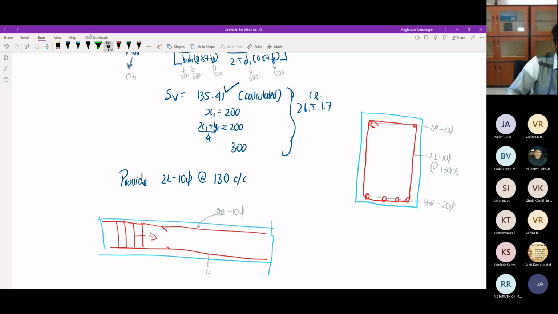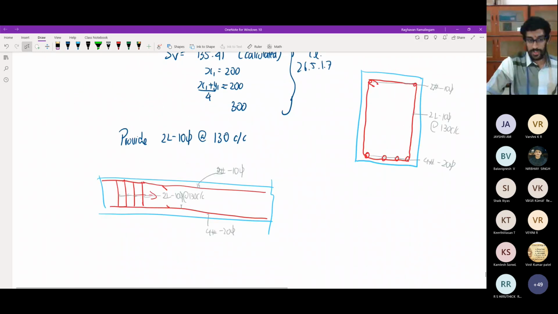These are two-leg stirrups at 130. So this is how you draw it. Have a look at SP34 to get more details on how to draw these things, but basically this is it.